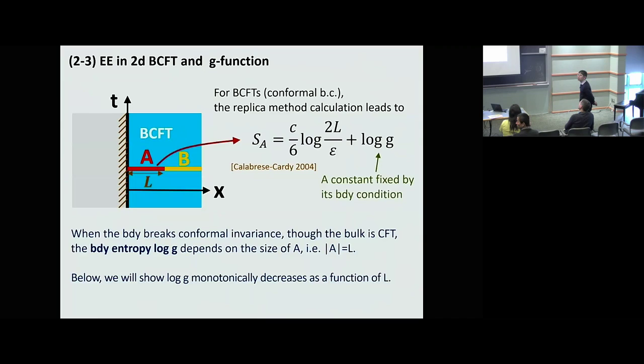I think for the BCFT case there is always an island, because we can use the mirror method. Mirror method means we have an island also here. But I think you are talking about some coupling, really preparing other 2D gravity here. That case is not highly different. I think this can be different.